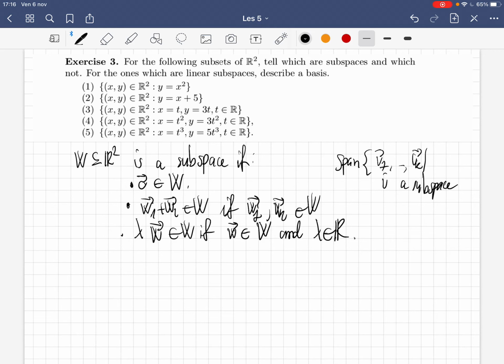But there is also something more. They have to contain the origin. So subspaces are like lines or planes, but always through the origin. So you can have something which looks linear, but it's not a subspace. For example, a line like this is not a subspace because it doesn't cross the origin.